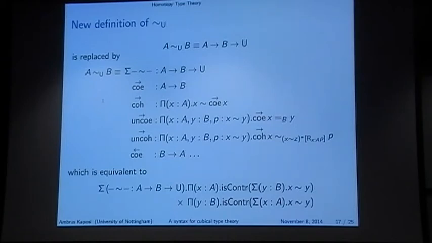If everything is propositional, then it means for all x there exists exactly one y, and for every y exists exactly one x. Instead, you say that the pair is contractible, right? Yes. And the stuff above is just the unfolding of what it means to be contractible. This is the center of the contraction, and so on. Okay. And then the second.